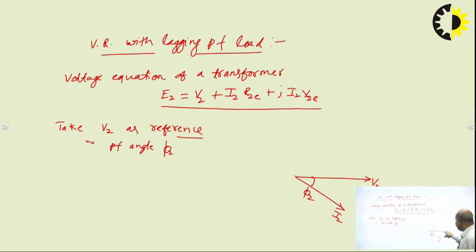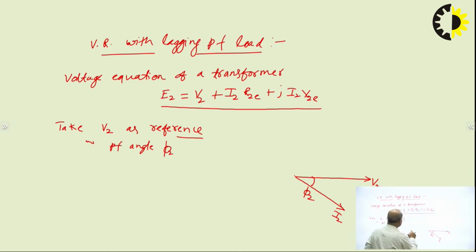So it will be lagging V2 by an angle phi 2. As we have discussed in phasor diagram, we show I2 below the reference axis, and the reference axis we are considering is V2. If it was leading, we would show this I2 above this V2 reference. So this concept you know from phasor diagram.